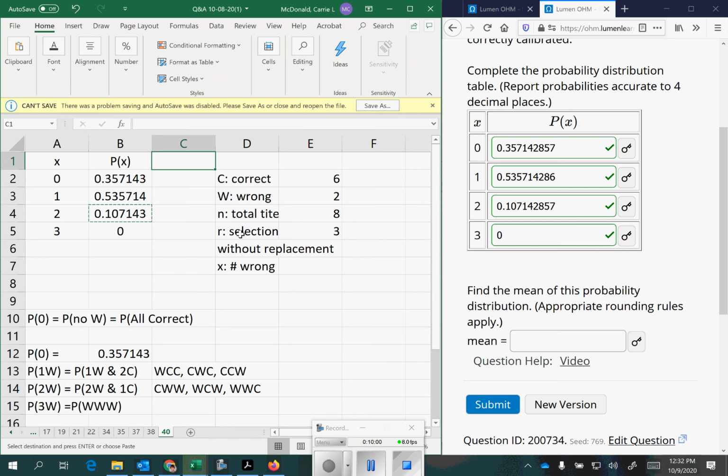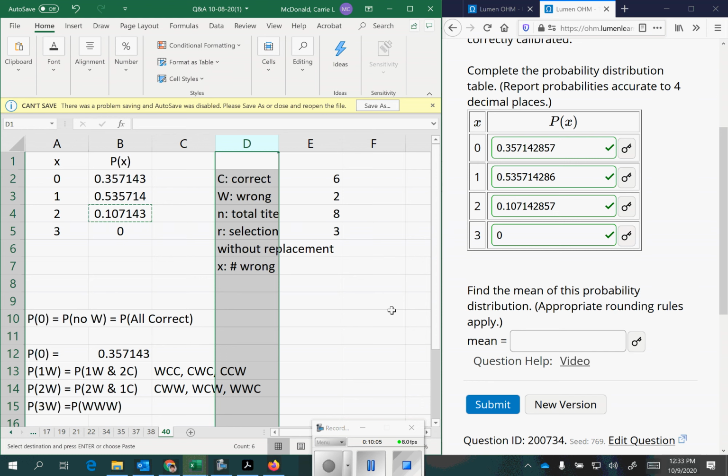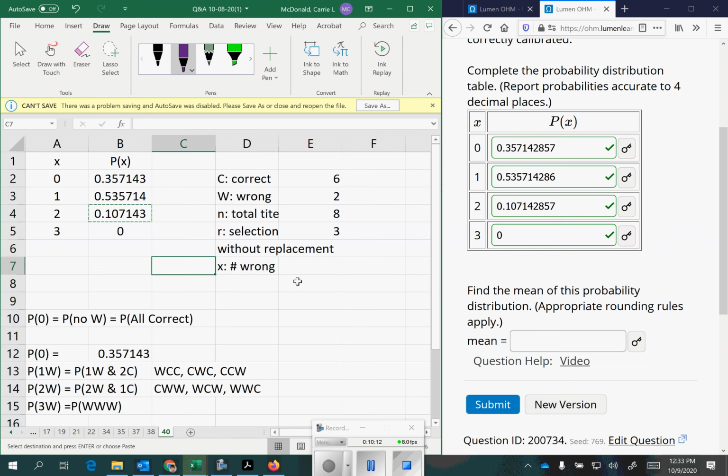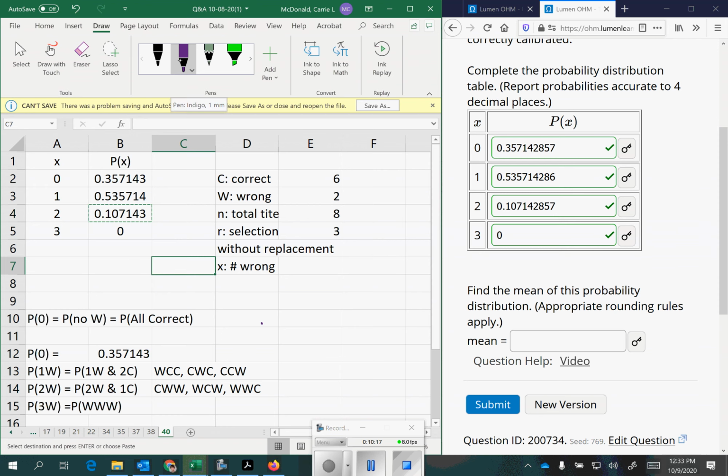Now to get the mean, we're going to do a working column to use the formula for calculating the mean from a probability distribution. Okay, the mean mu equals the sum of the products of each individual x value times the probability of x. So we are going to have a working column where we do x times p of x for each row.